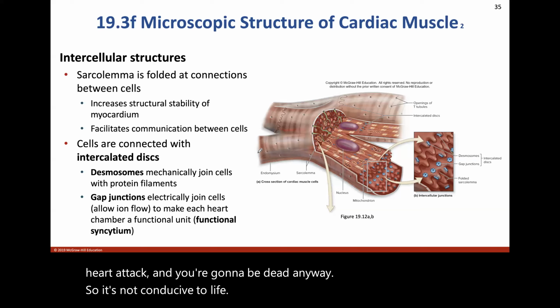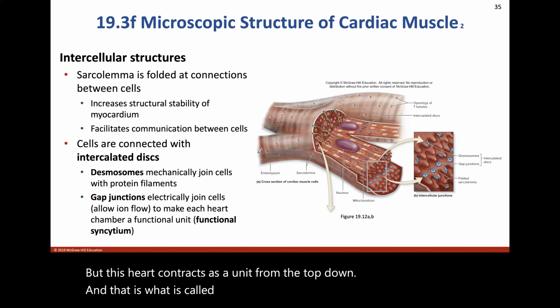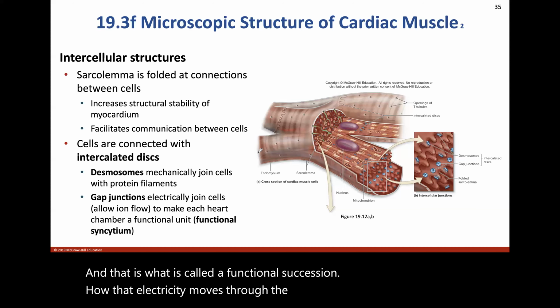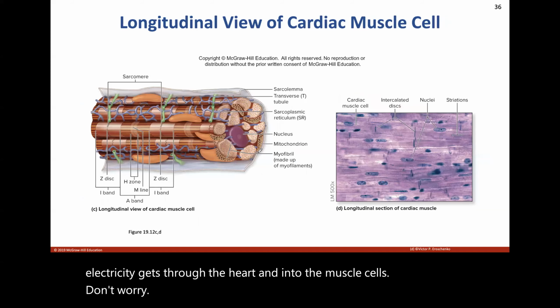But this heart contracts as a unit from the top down. And that is what is called a functional syncytium. How that electricity moves through the heart and into the muscle cells, don't worry, we'll see.